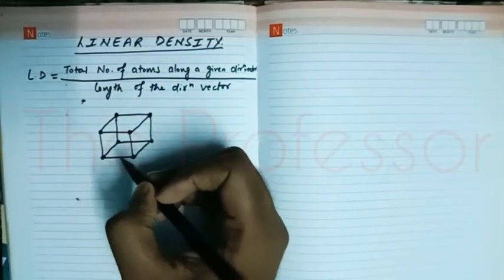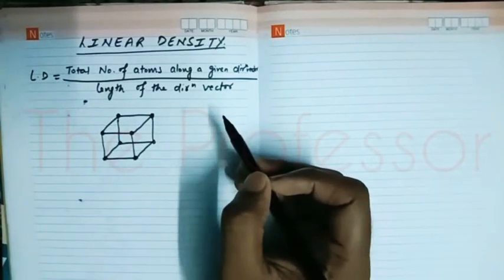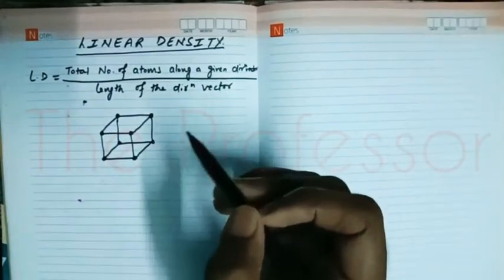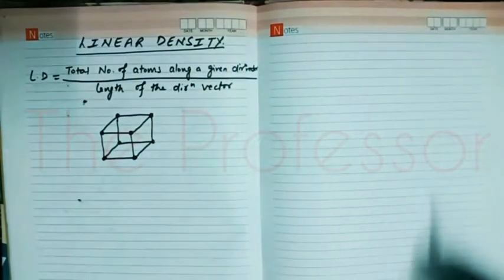Here, if we have to calculate the number of atoms along a given direction vector, then we simply have to calculate the number of diameters along that given direction vector.